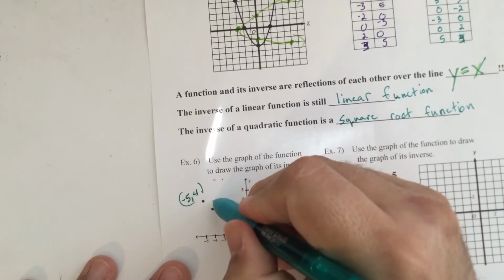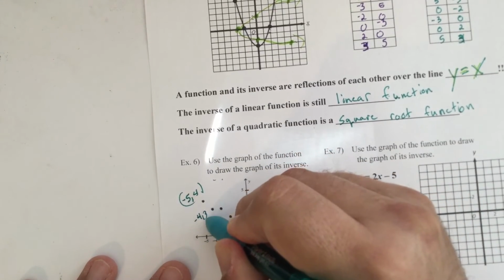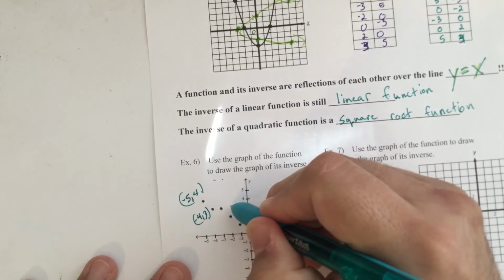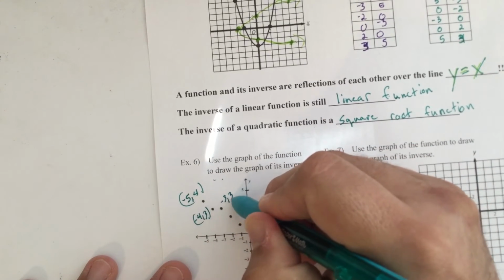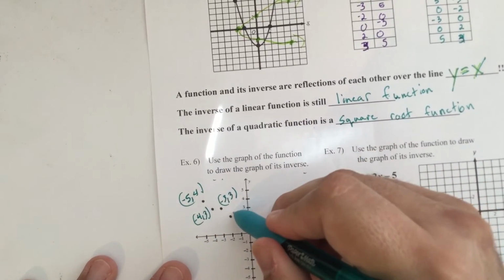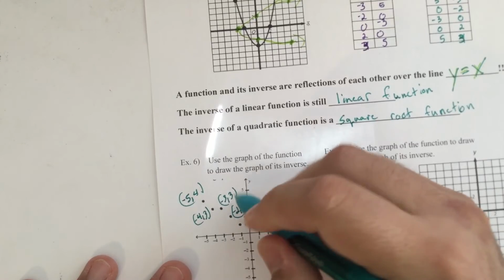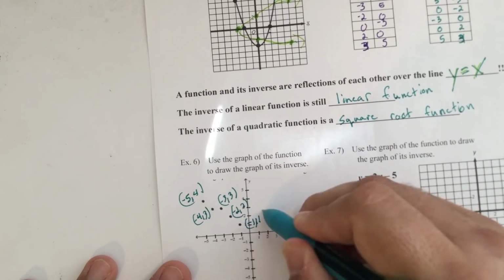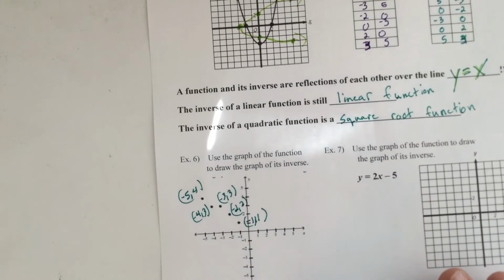This is negative 4, 3. This is negative 3, 3. Negative 2, 2. And negative 1, 1.